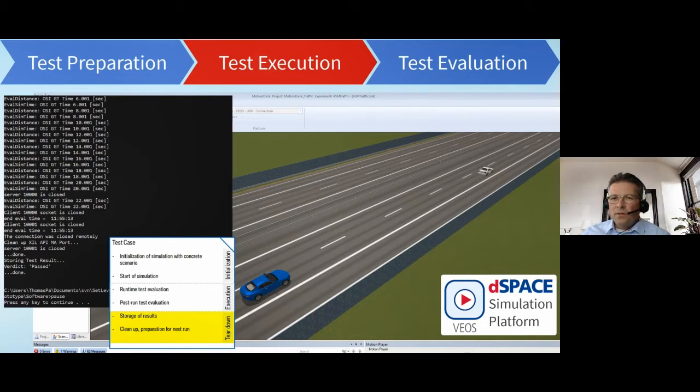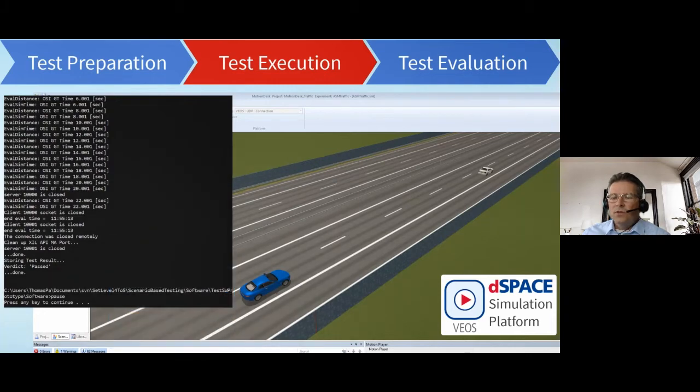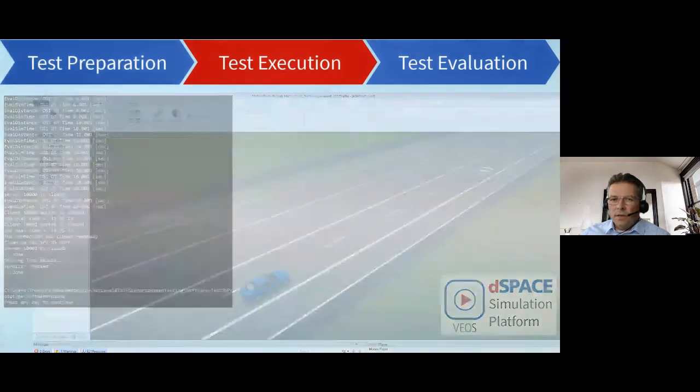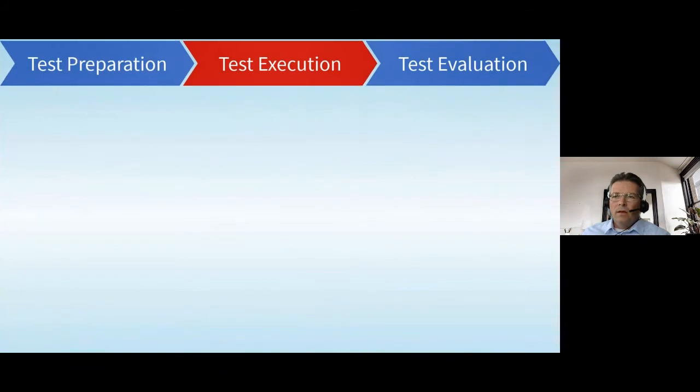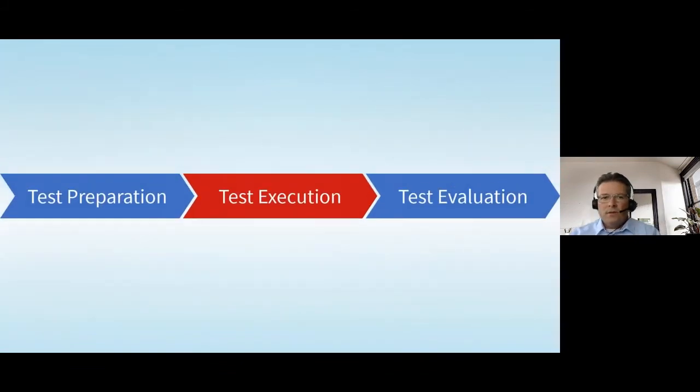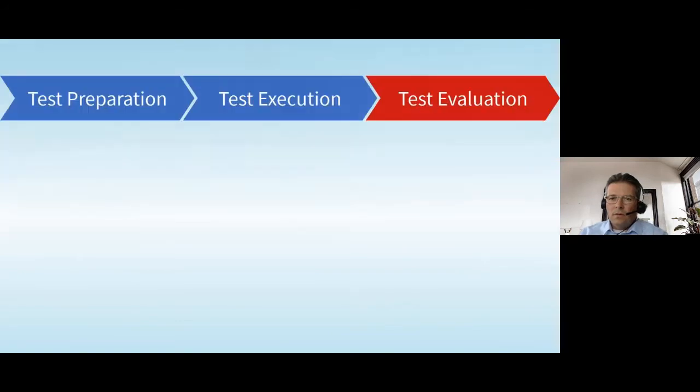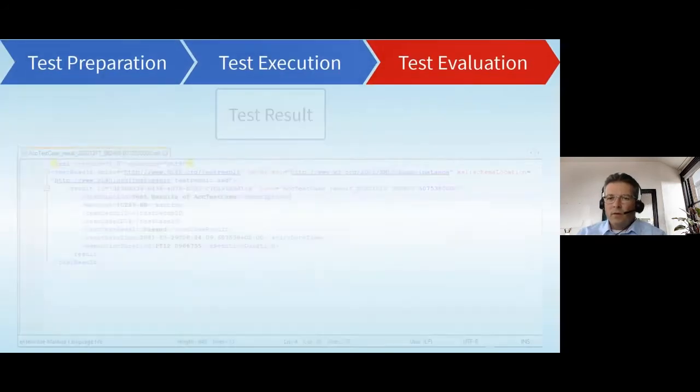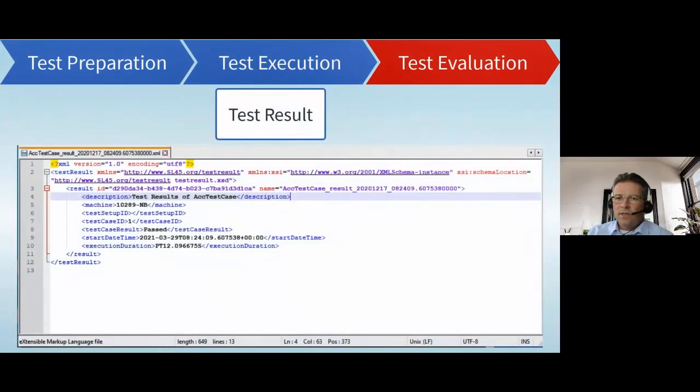This brings us to the next phase, which is the test evaluation. For this, we have implemented a simple XML schema in our proof of concept to store the test result. In this test result, we have things like the name or unique ID to identify the result.